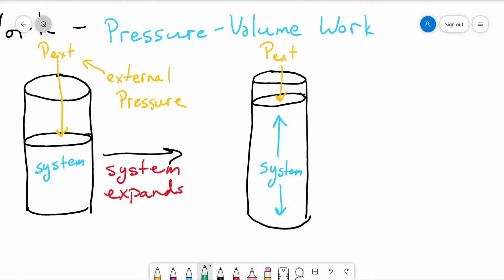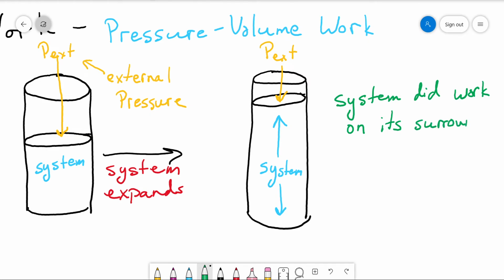So what we say here is that the system did work on its surroundings. Okay, the system did work on its surroundings. So what does that mean? That means it lost energy.